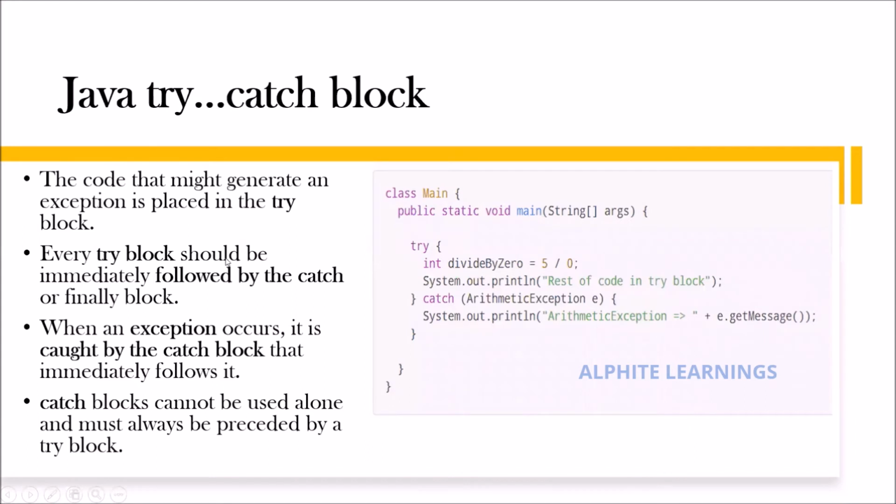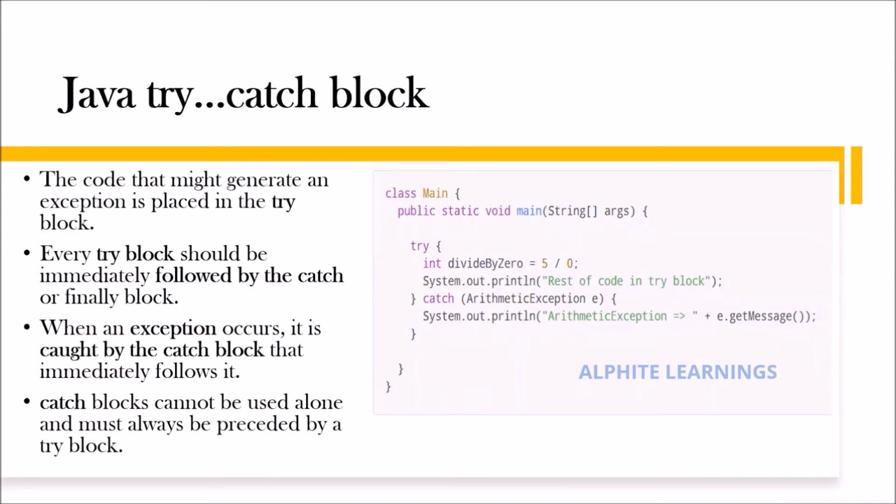Next, every try block should be immediately followed by catch or finally. Finally is not mandatory. Normally you will see try catch together; you'll see finally also, but what you see often is try catch together.